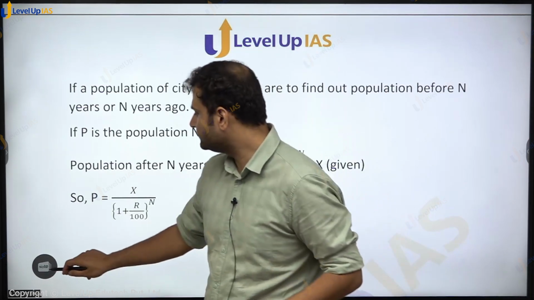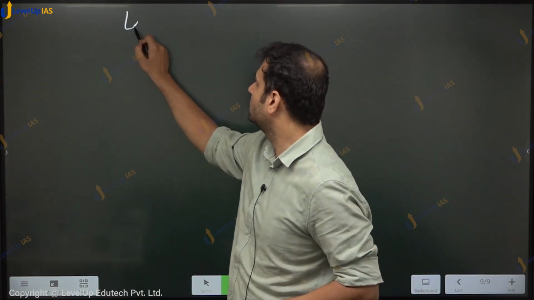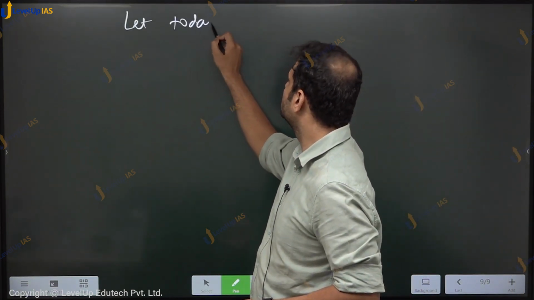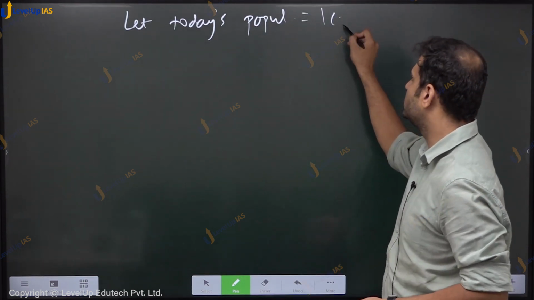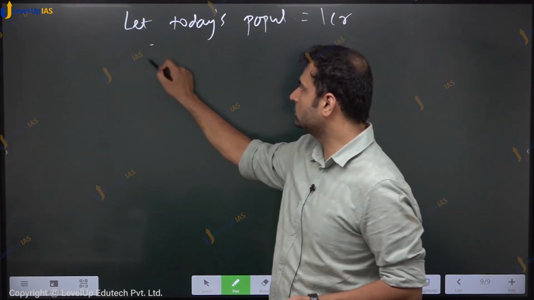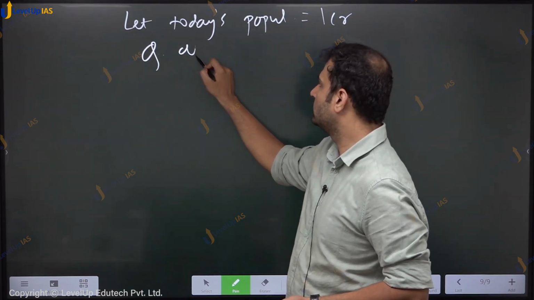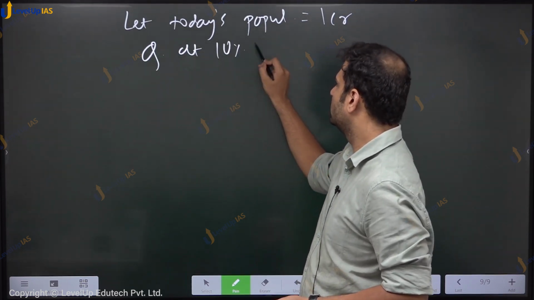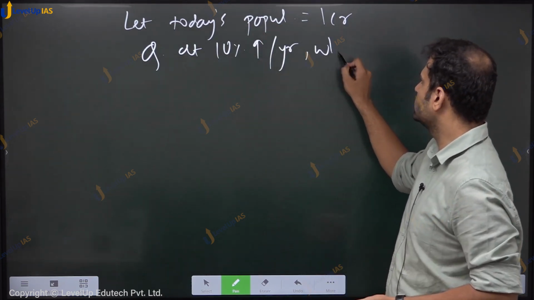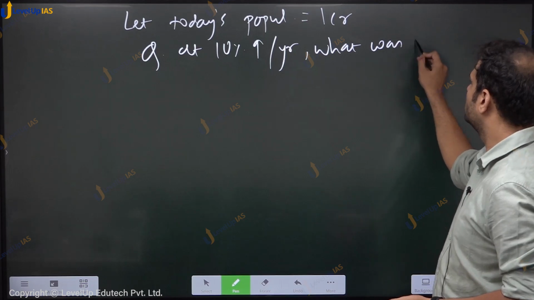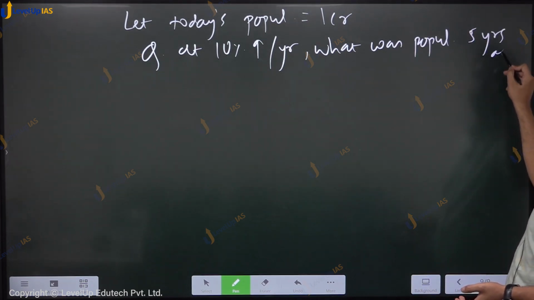And then what do we have to do? What do we know? Let today's population be, let us say, 1 crore. The question is, at a 10% increase per year, what was the population 5 years ago?